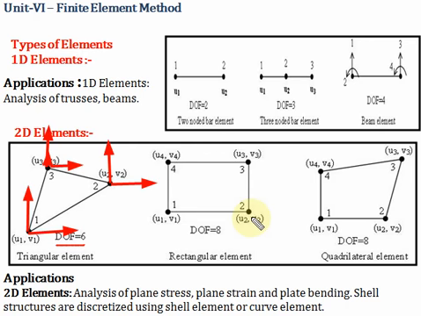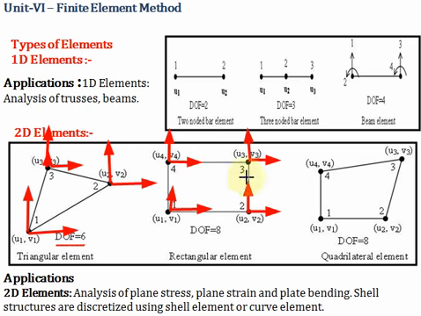Now the next example is the rectangular element. For rectangular element there are 4 nodes. So again there will be displacement in y and x direction. Here also same case, at each node 2 degree of freedom.